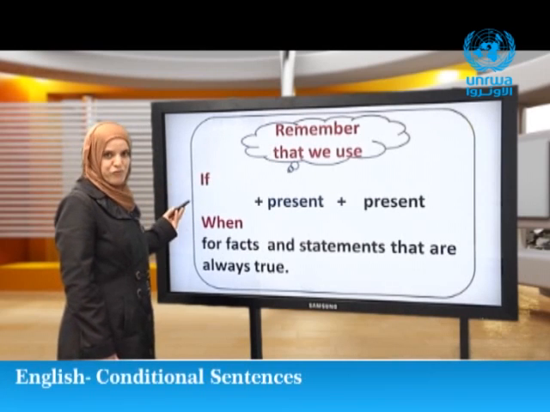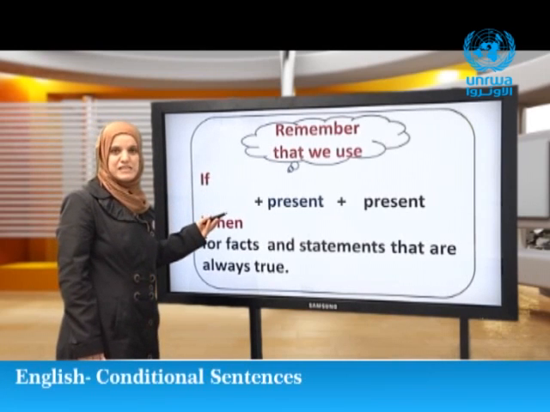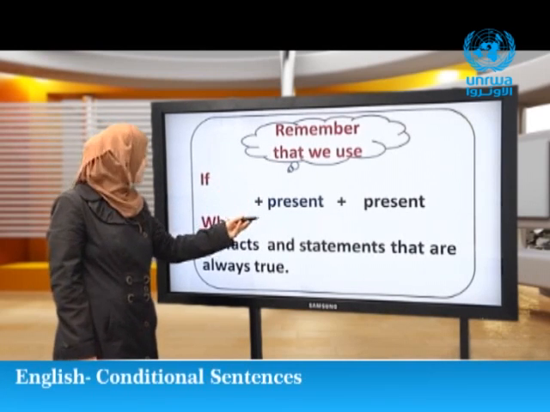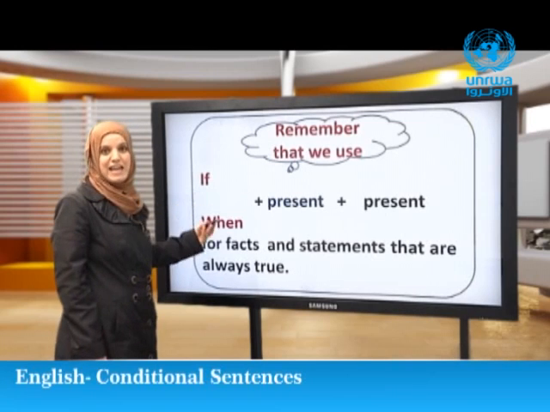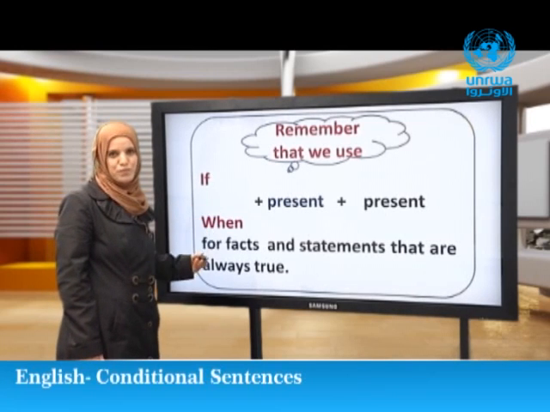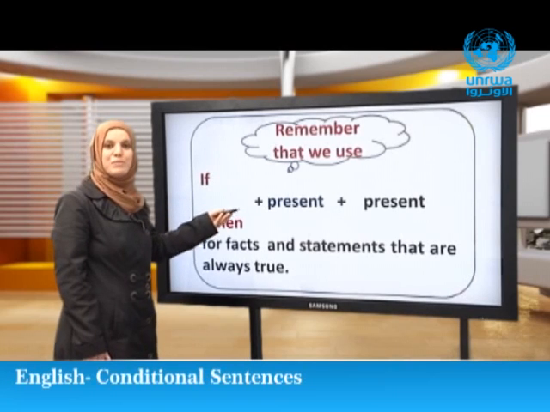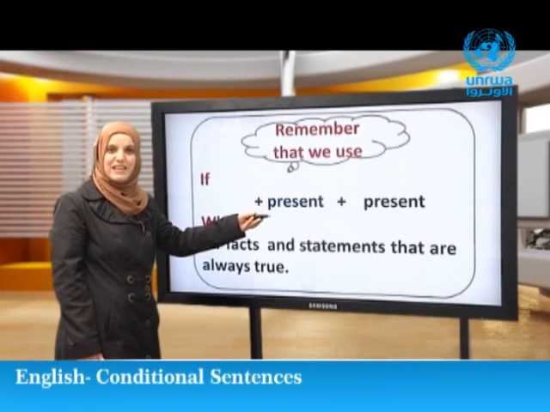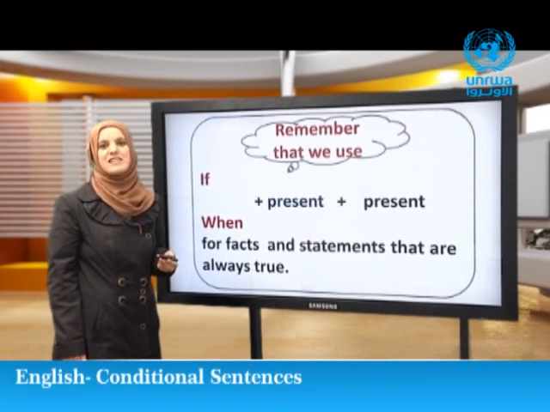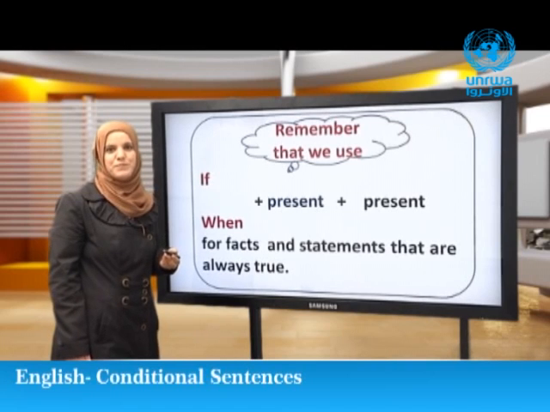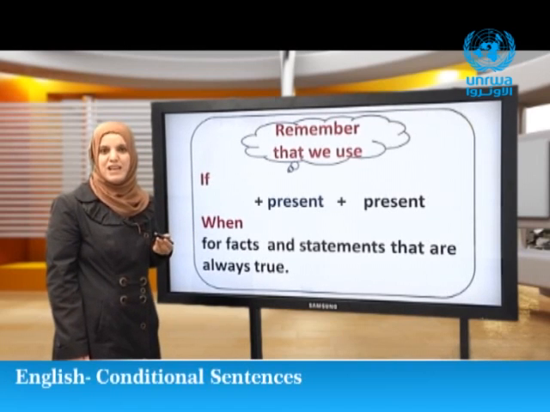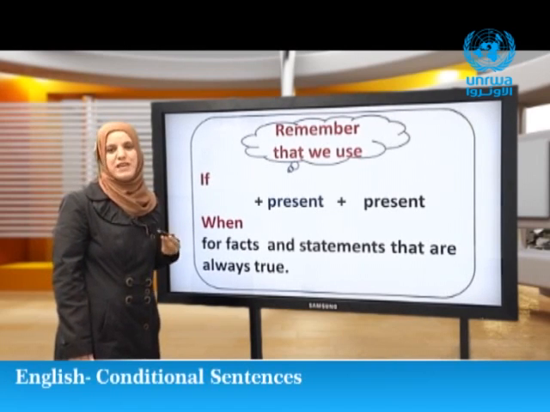We use if, present simple tense, and present simple tense for facts and statements that are always true. نستخدم if أو when مضارع بسيط ومضارع بسيط للتعبير عن حقائق صحيحة دائما. ونسمي هذا النوع من الجمل الشرطية الصفرية.